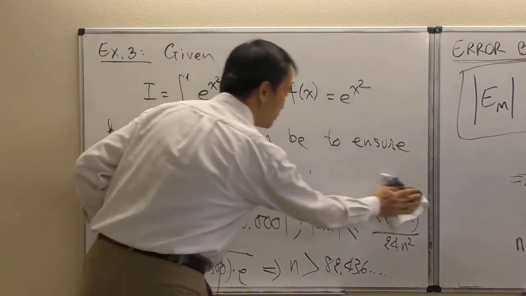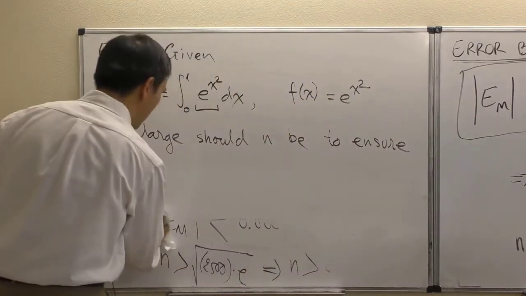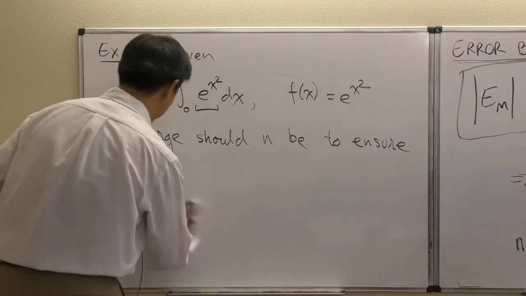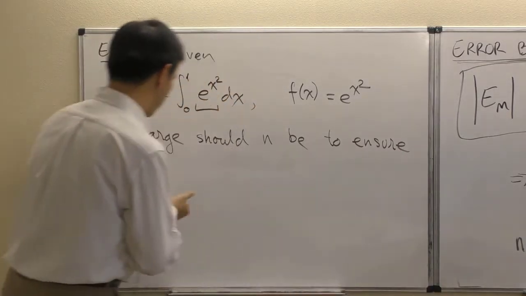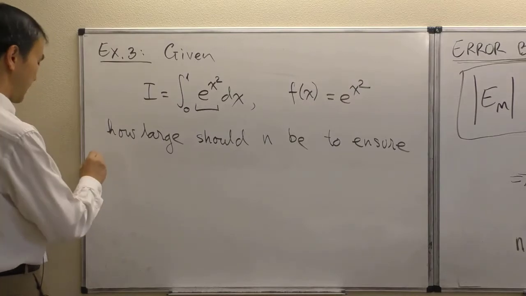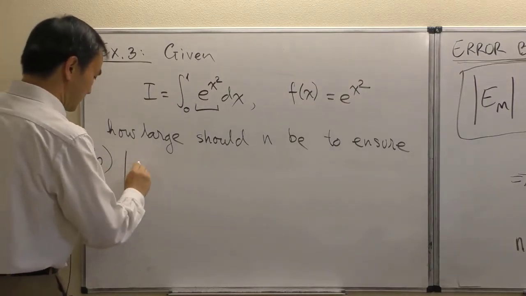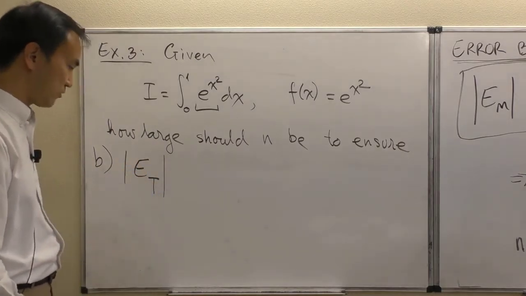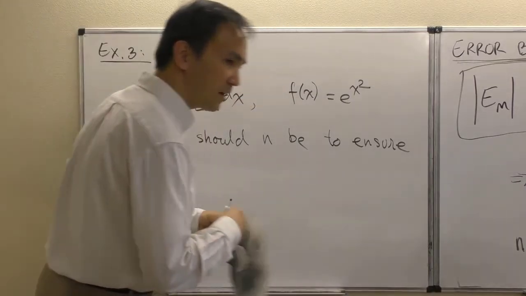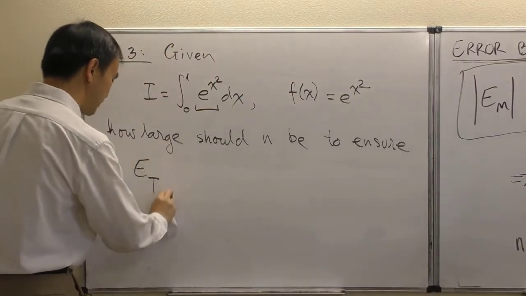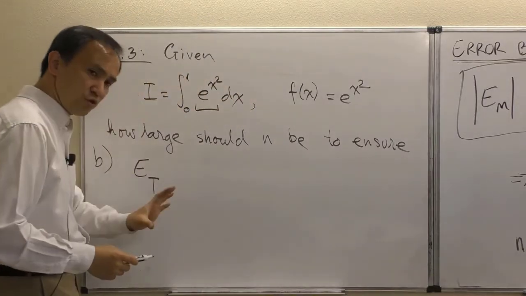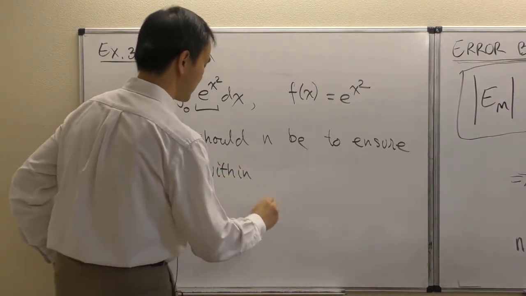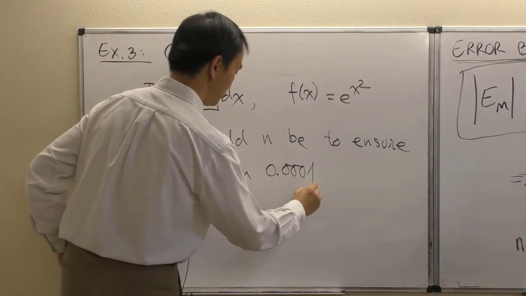Still the same question. We want to find out how large n must be. How large should n be to ensure, in part B, that the amount of error produced by the trapezoid approximation method, ET in absolute value, is within 0.0001?